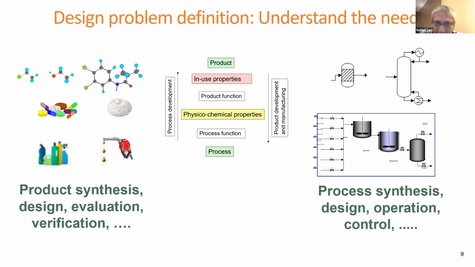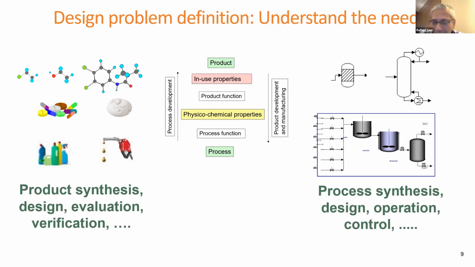We are not talking about any products. We are talking about chemicals-based products, and chemicals have a set of physical-chemical properties that are common to both the product and the process. And then there are some properties that define the process function, and some properties that define the product function.